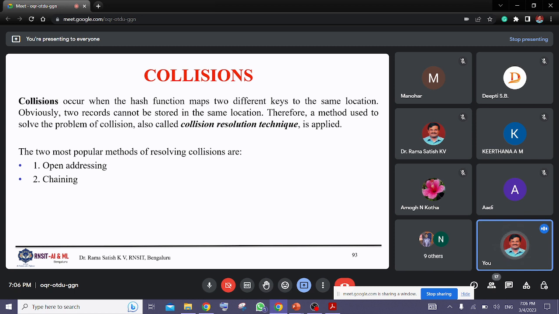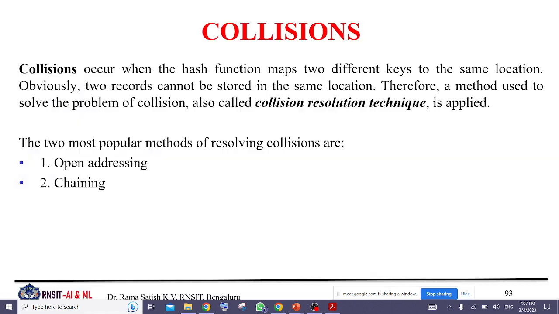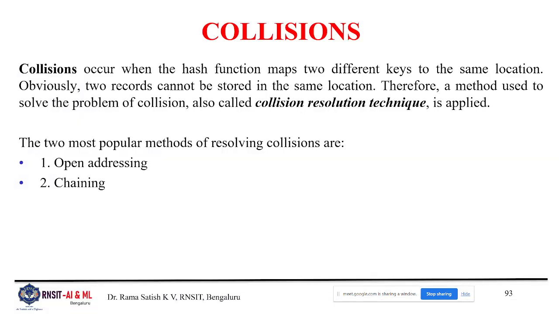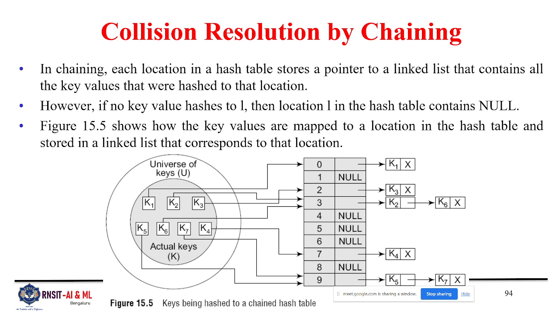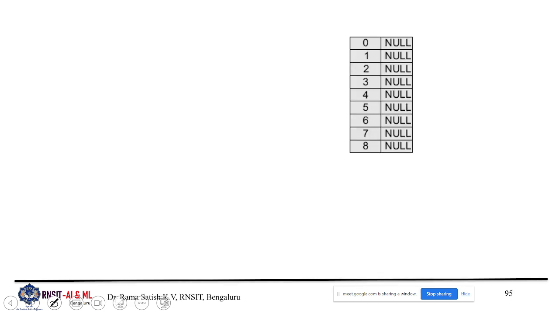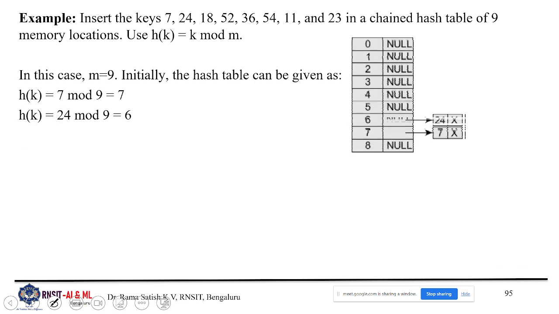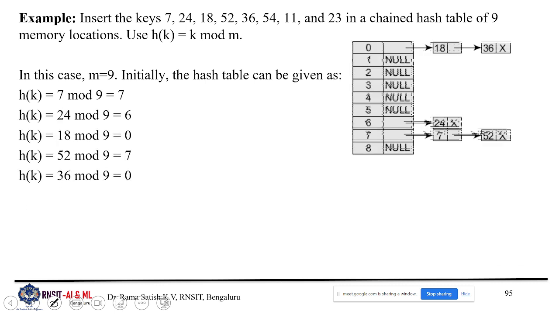Of course, there are two most popular methods of resolving collisions. One is open addressing, another one is chaining. Yesterday we have seen chaining, where if a collision occurs, a chain is created.